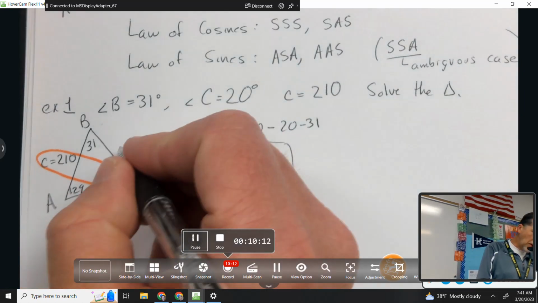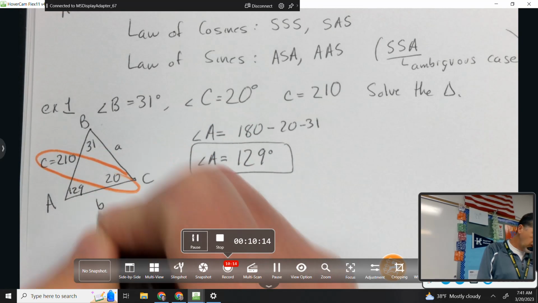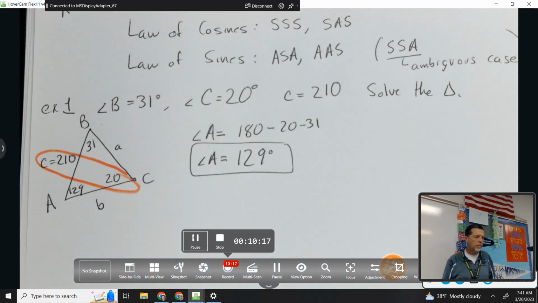I'm going to label my missing sides A and B. And again, knowing an angle side pair is the starting point for law of sines.